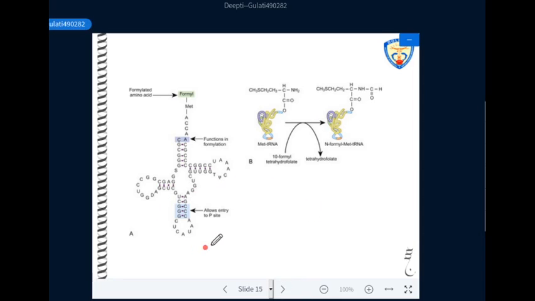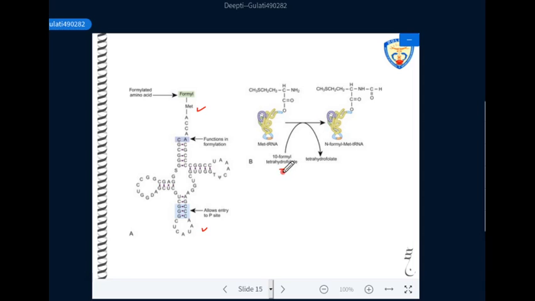So this image shows the transfer RNA. This is a transfer RNA specific for methionine. The methionine tRNA synthetase enzyme will activate methionine, and it will transfer the activated methionine to the 3' end of this tRNA molecule. And then a formyl group is added to this methionine. The formyl group is added from 10-formyl tetrahydrofolate.